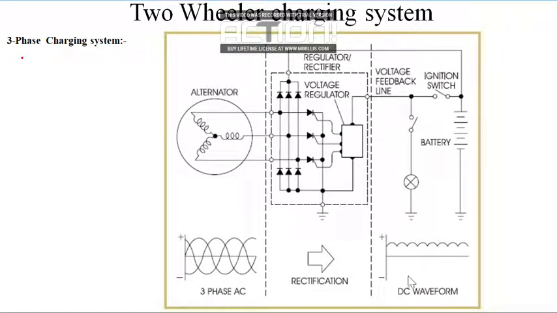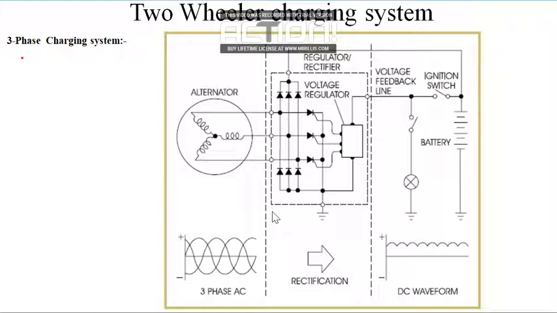So the charging rate is more in the three-phase case. This is to fulfill the power demand of our vehicles, which increases day by day: the number of accessories, sensors and actuators is increasing. So to fulfill the demand, we now employ a three-phase alternator, which has a higher charging rate due to multiple positive charging cycles.